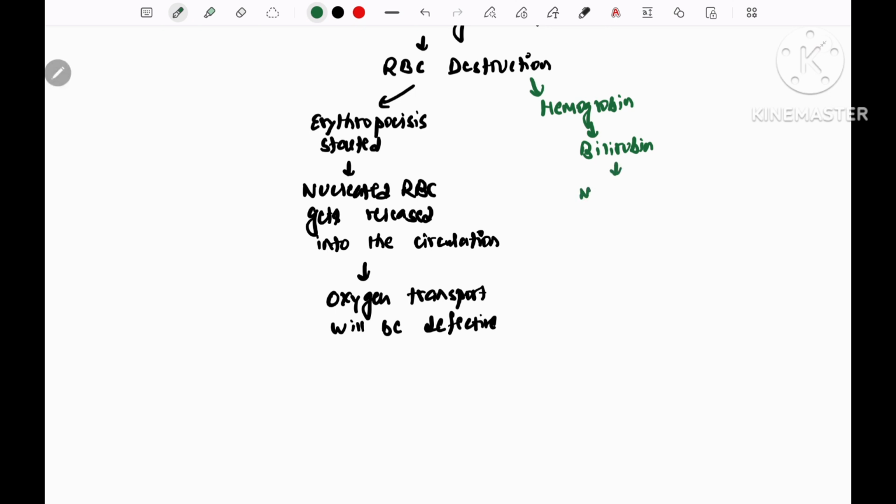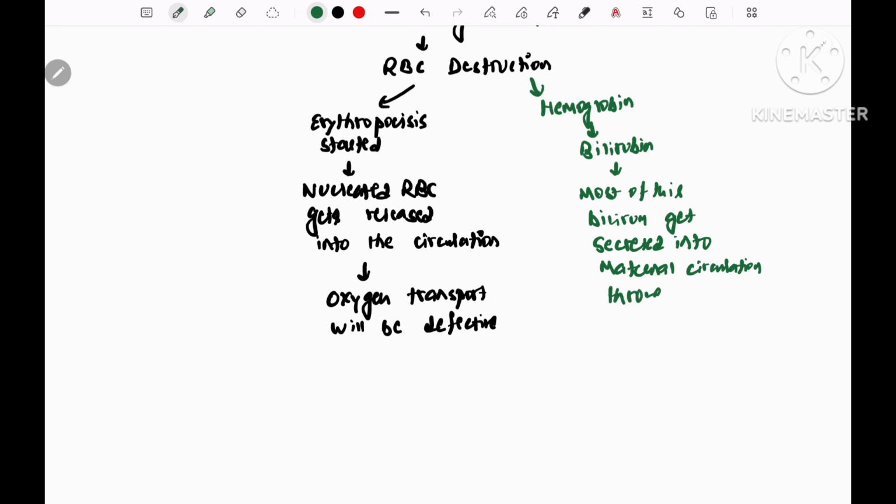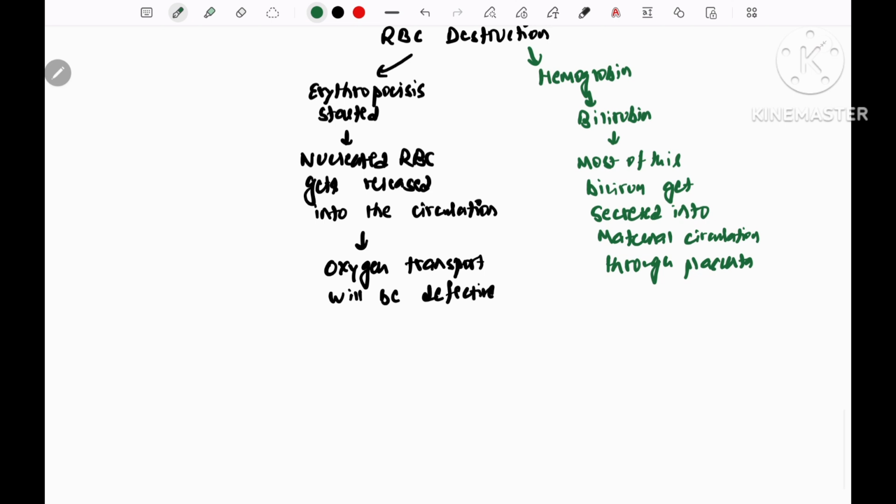Most of this bilirubin gets secreted into the maternal circulation through the placenta. So at that time, will the fetus get jaundice?